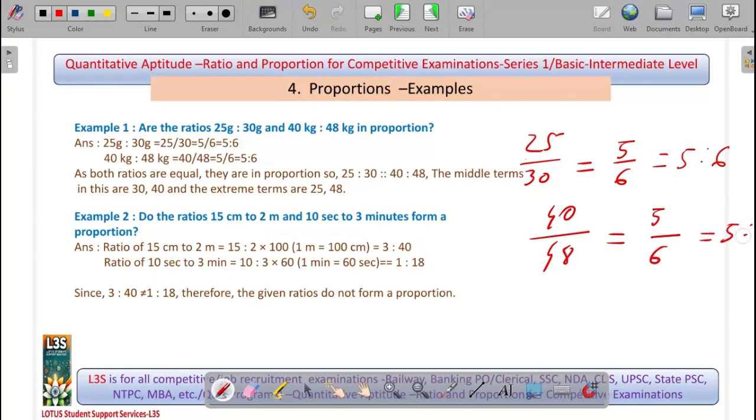So this is equal. So the extreme terms are 25 and 48, and the middle terms are 30 and 40. So we can write 25 is to 30 as 40 is to 48. 25 and 48 are extreme terms, 30 and 40 are middle terms, and we can say these are in proportion.